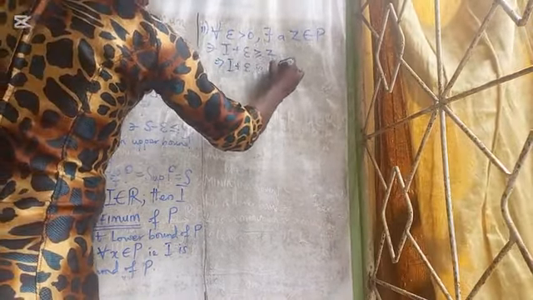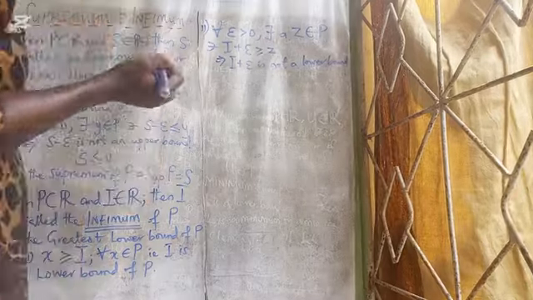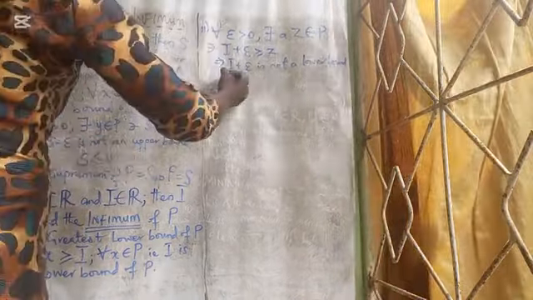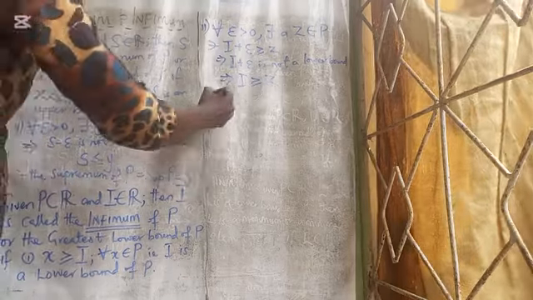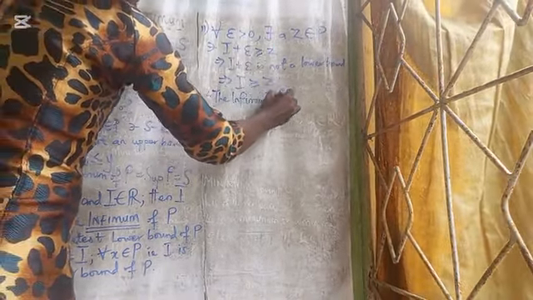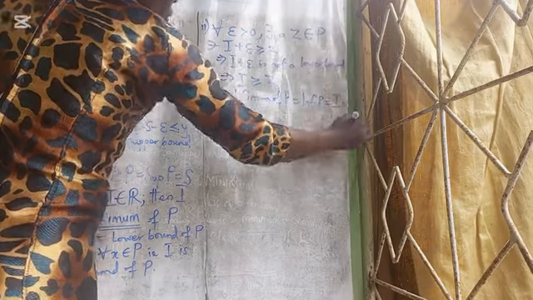I plus epsilon is not a lower bound. But if our epsilon is 0, as we have assumed, then again, our I will be greater than or equal to Z. Therefore, the infimum of P, which we denote as inf P, is equal to I.